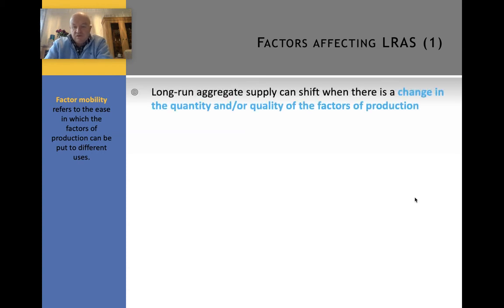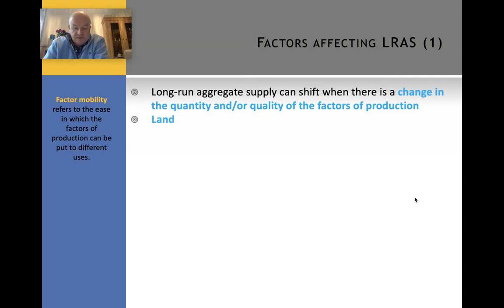LRAS can shift when there is a change in quantity and or quality of factors of production. So even in the scenario where we've got this full capacity, if we can improve the full capacity by improving the quantity or the quality of factors of production, then we can actually shift LRAS out to the right.